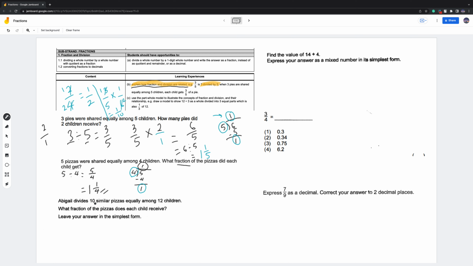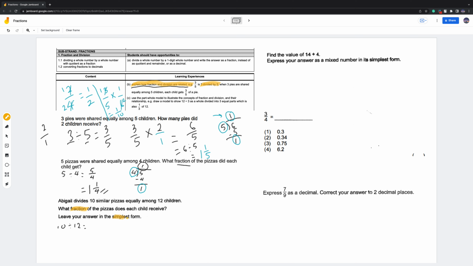Here we are sharing the pizzas. So the pizzas come first. So this is 10 divided by 12. Okay, what do we get? We get a fraction. It states there clearly that it wants you to give the answer as a fraction. What fraction of the pizzas does each child receive?